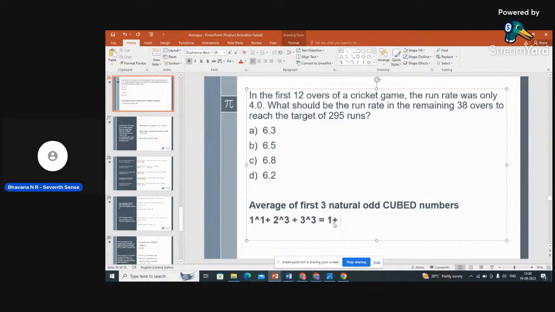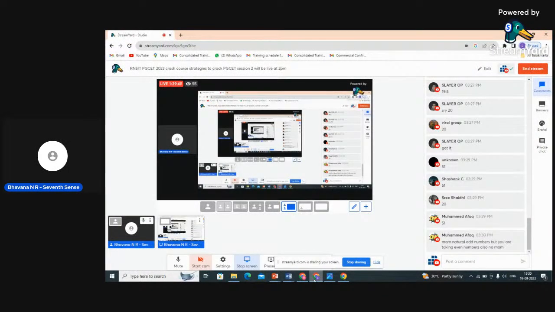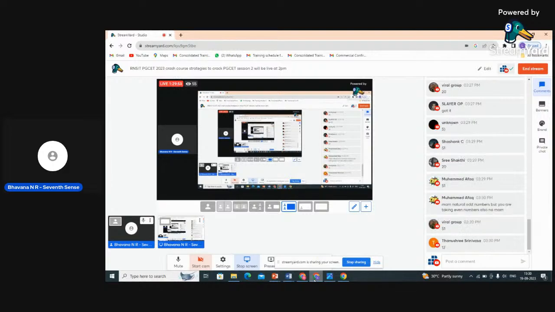It's 8. 2 2s are 4, 4 2s are 8, plus 3 cube means 3 3s are 9, 9 3s are 27. So the whole answer, what is that? Add them now. Here we get 36 divided by 3. So that is equal to 12. Yes, 12.